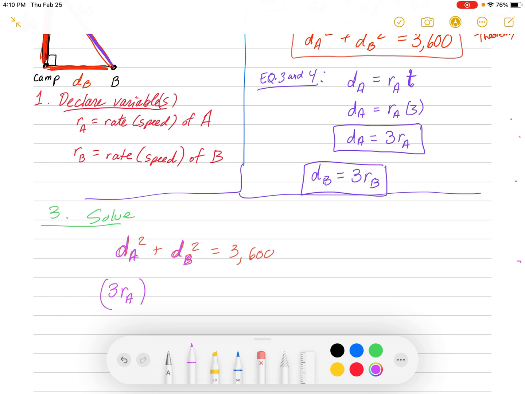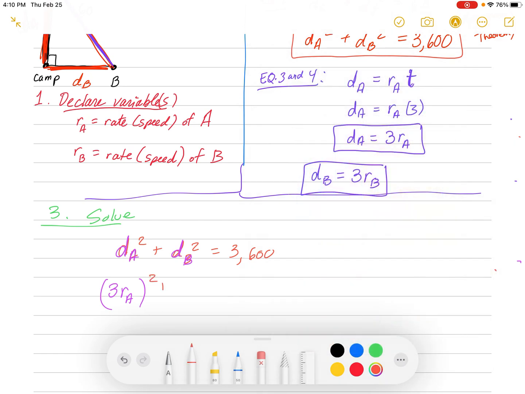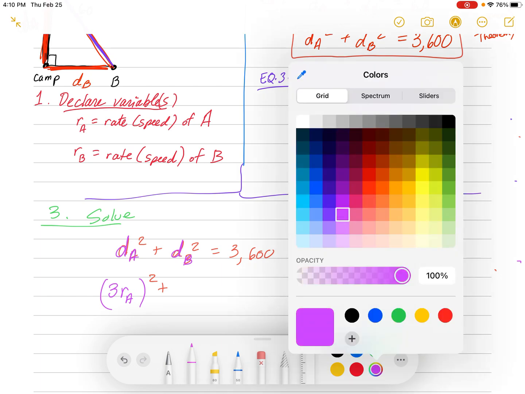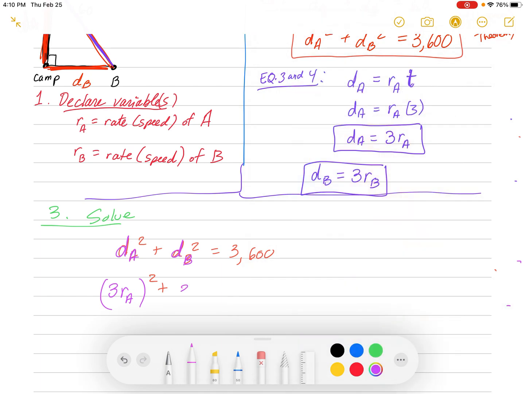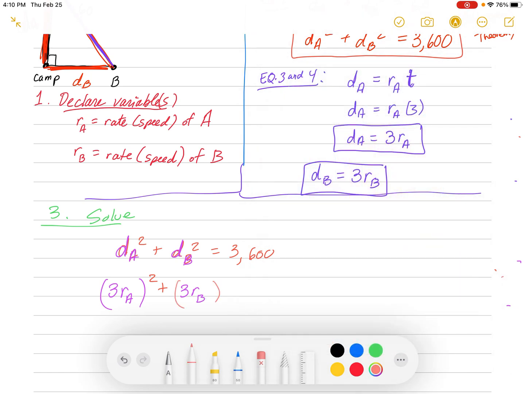So I'm going to put a 3RA in for the distance. That's going to get squared. And for dB, the distance of B, I'm going to put 3RB. That's going to get squared. That's equal to 3,600.